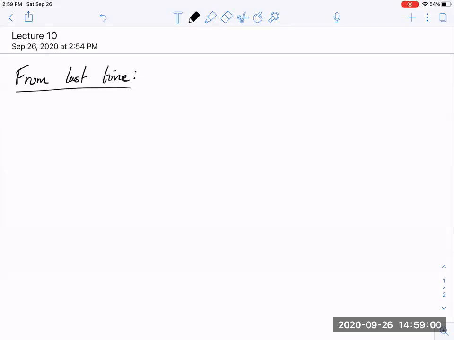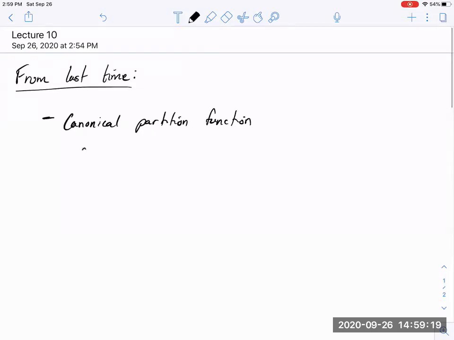Okay, but to begin, let's remind ourselves of why this partition function is so useful. So for example, the so-called canonical partition function, denoted Q, is evaluated for a system with fixed temperature, volume, and number of particles.